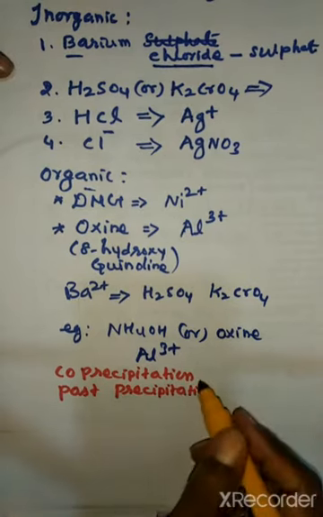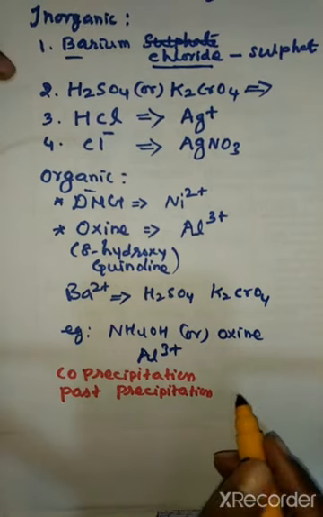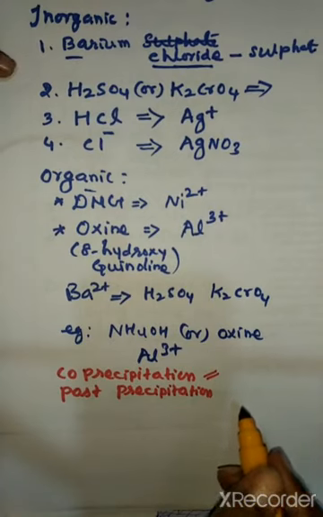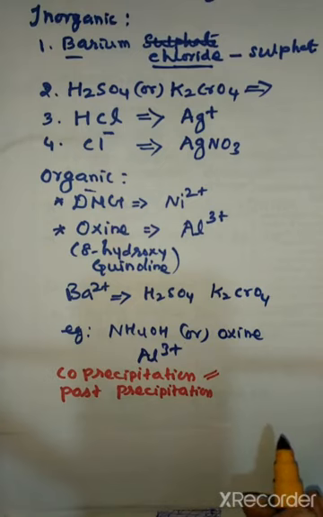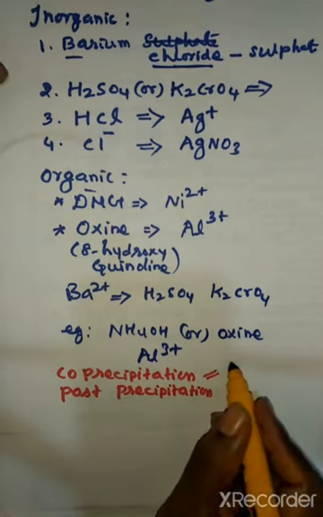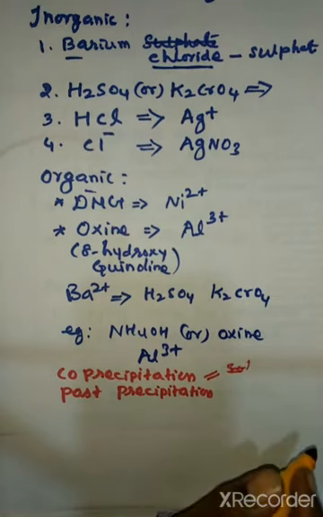What is co-precipitation and what is post-precipitation? Co-precipitation is a phenomenon in which soluble compounds are removed from the solution during precipitate formation.